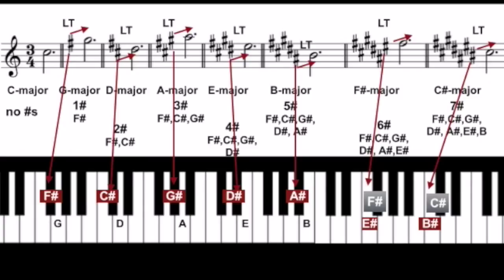Let's move further, for example, to B major. B major inherited 4 sharps from all previous scales, and its leading tone is A sharp. So the key signature for B major is F sharp, C sharp, G sharp, D sharp, and A sharp. The principle is the same for all major scales with sharps.